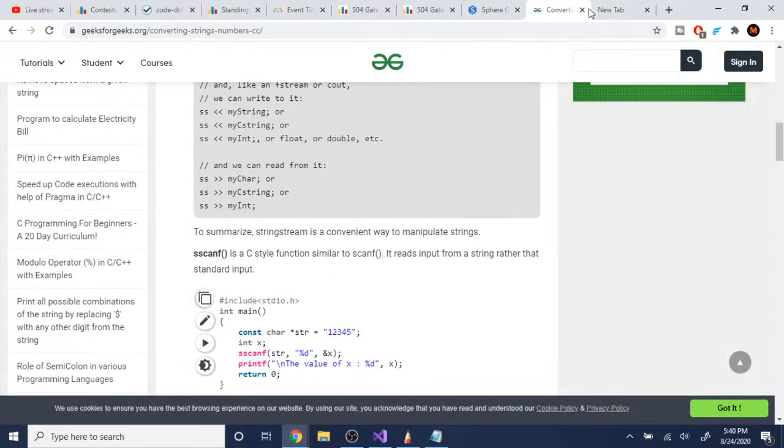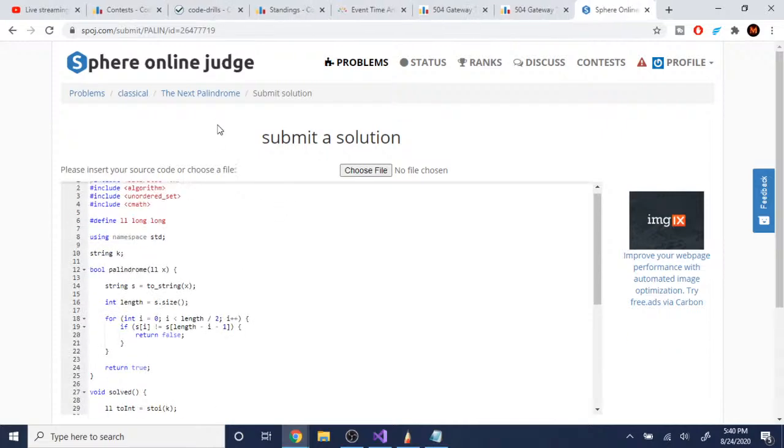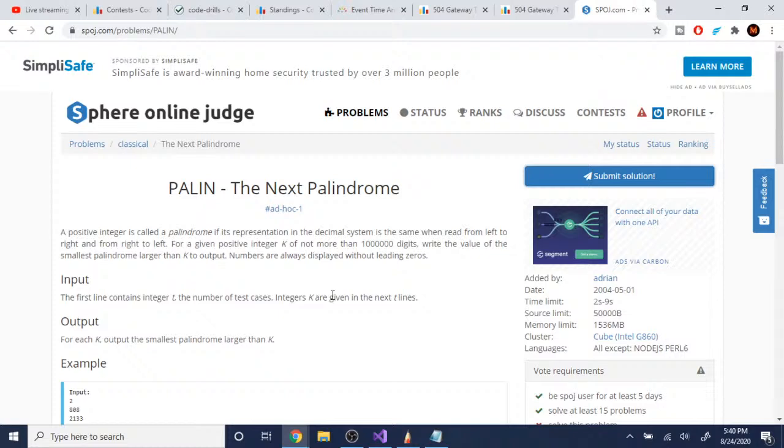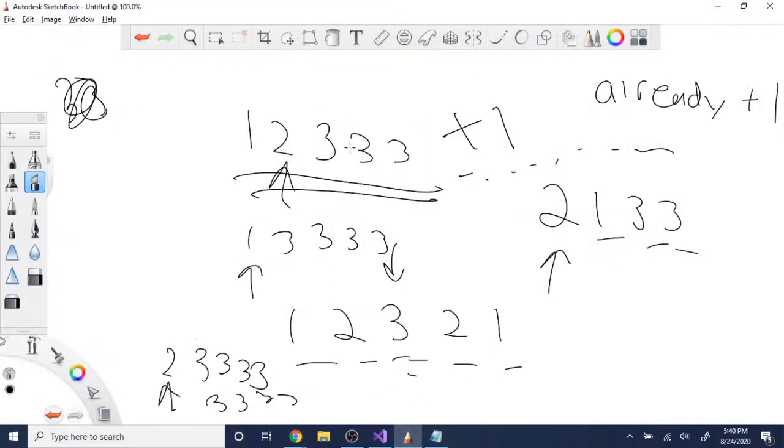Because we got a runtime error, we're going to try to find a different way to do it. So originally, if it is a palindrome, we just take the middle number and add 1.